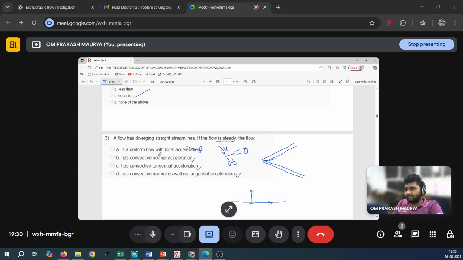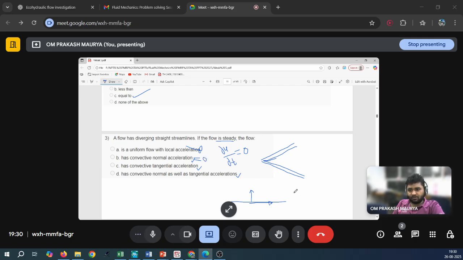If it is a straight streamline, what does that mean? There is no curvature. If there is no curve, your fluid will not move in the lateral or normal direction. So the convective normal acceleration will not be present.